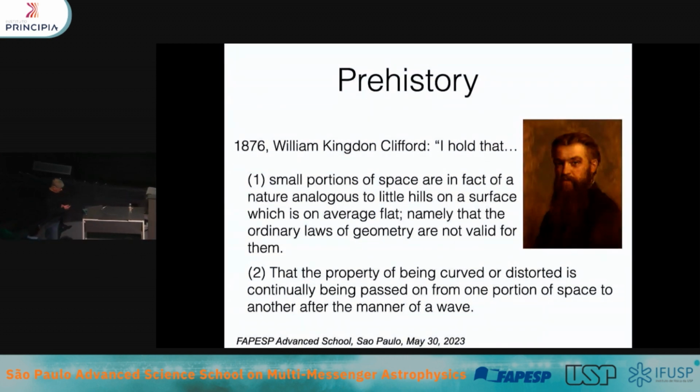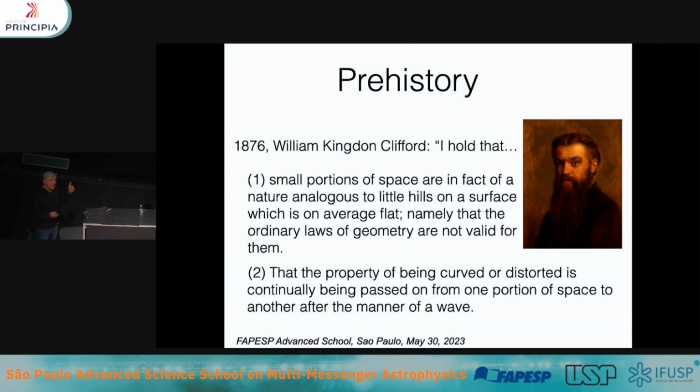He said that small portions of space are in fact of a nature analogous to little hills on a surface which is on average flat, namely that the ordinary laws of geometry, like Euclidean geometry, are not valid for them. That the property of being curved or distorted is continually being passed on from one portion of space to another after the manner of a wave. I found it quite interesting when I learned that he said that in the mid 19th century.